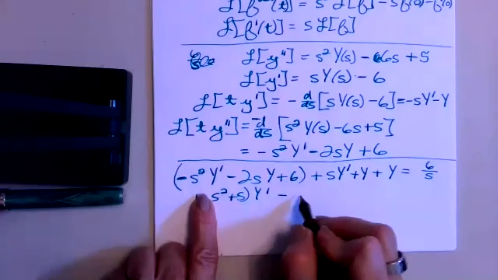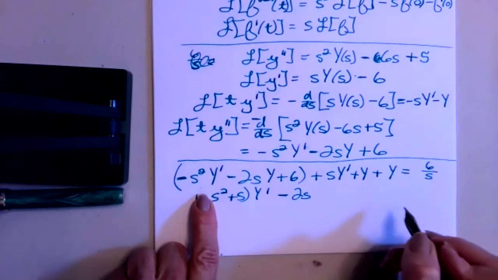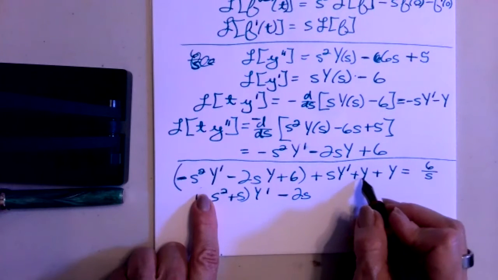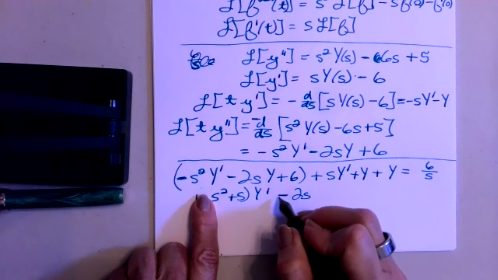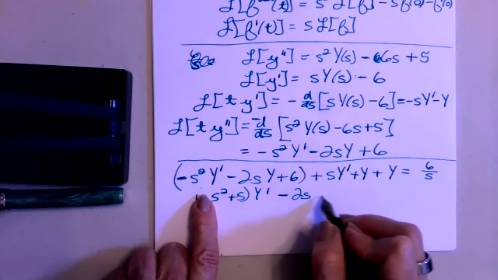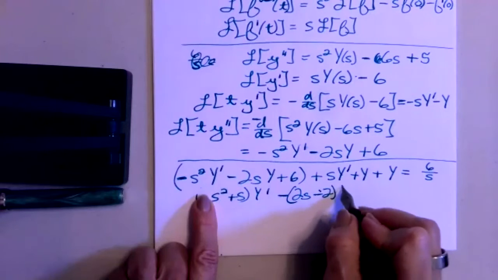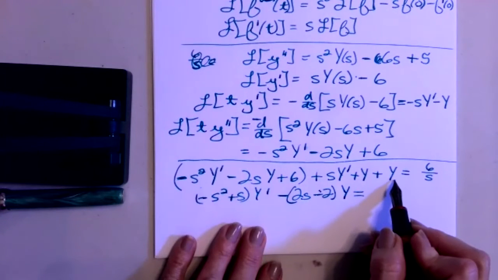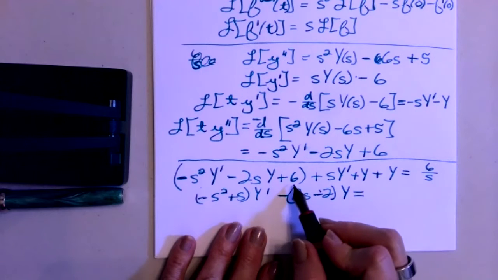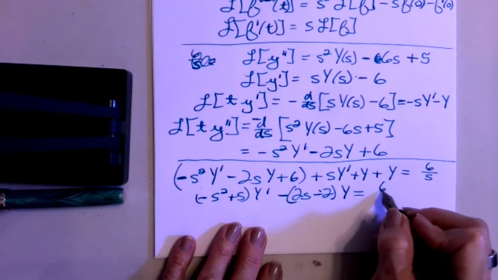And then I have a minus 2s and a plus 2Y, so minus 2s minus 2 times Y. So that's this term and these two terms. And then I have a 6 over here. I'm going to bring that to the other side.